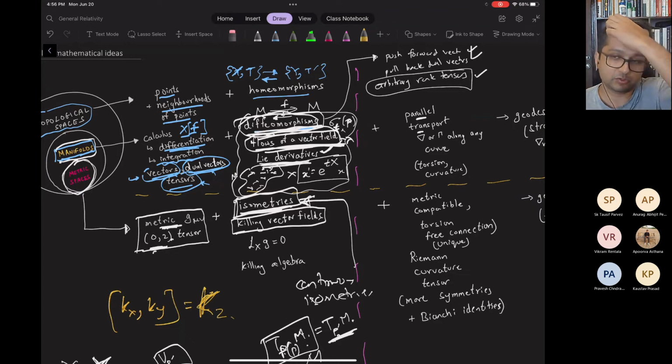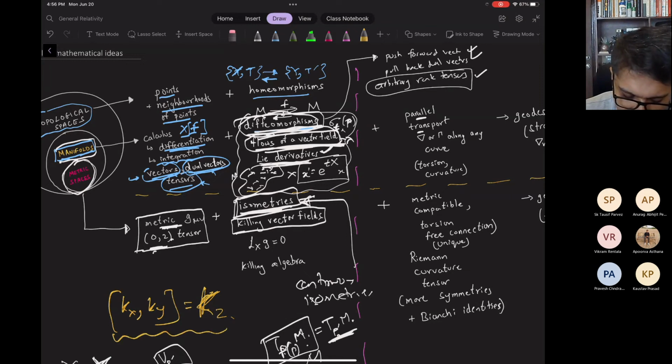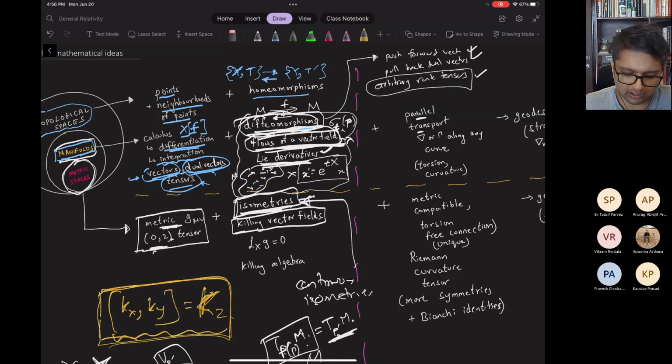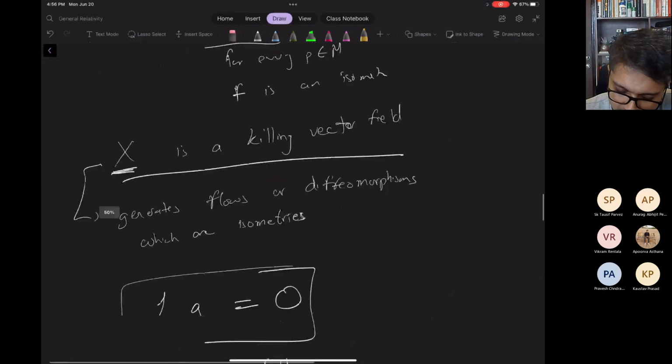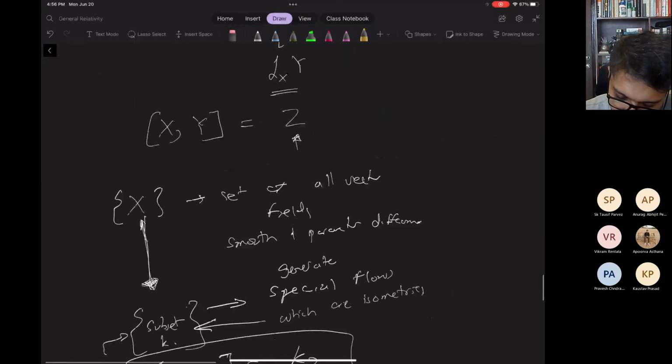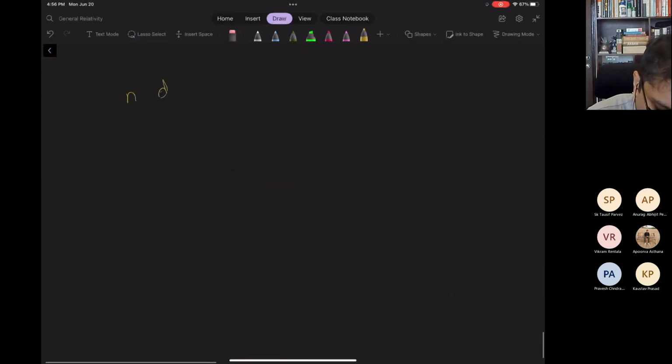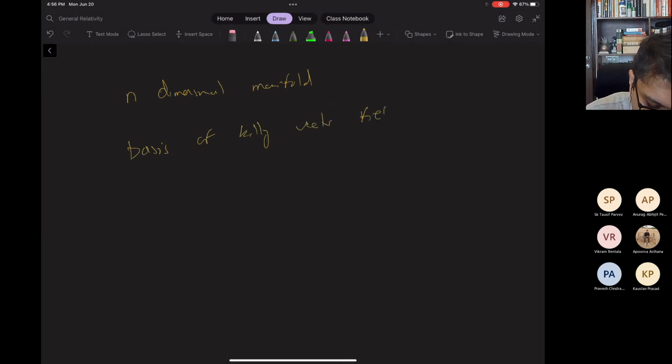And you can get a basis of Killing vector fields, for an n-dimensional manifold, which is of dimension n into n plus 1 by 2.